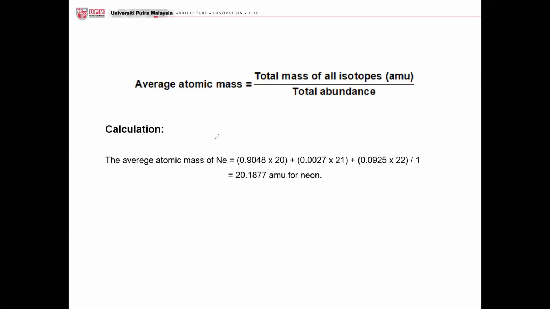To calculate the total mass of all isotopes, you need to take the isotopic abundance from the data collection times the mass of that isotope. So we have isotope neon 20 plus neon 21 plus neon 22.